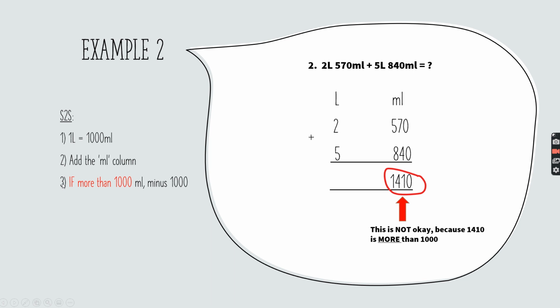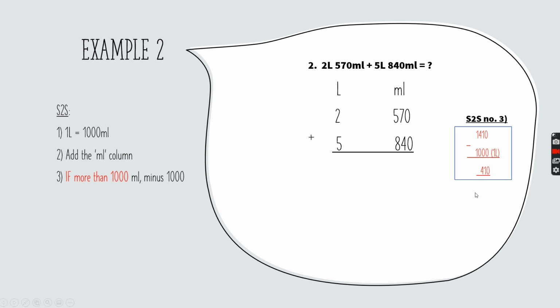Step 3 says if more than 1000 milliliter, we need to minus this with 1000. Why do we need to minus it with 1000? Because we are doing this addition in liters, and we know that 1 liter is equal to 1000 milliliter. So this is our side equation.